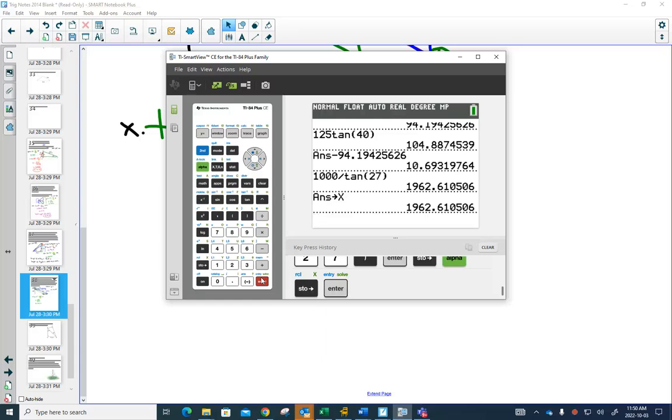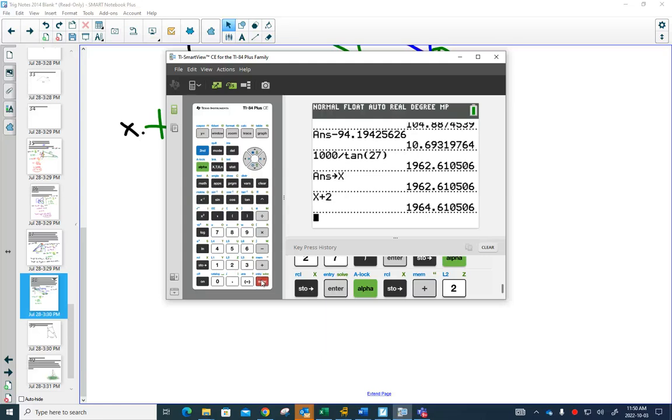For example, I'm going to type in letter X plus 2. What should the answer be? With all the decimal places. On your calculator, if you have any scientific calculator, it will have some way to remember it.